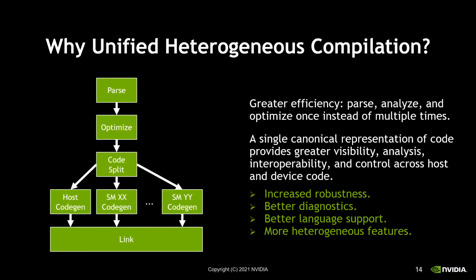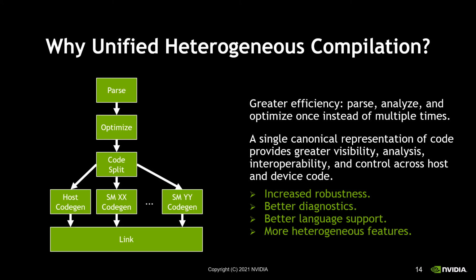Unified compilation offers many benefits for NVC++. It's more efficient. We parse, analyze, and optimize once instead of multiple times. A single canonical representation of code provides greater visibility, analysis, interoperability, and control across host and device code.